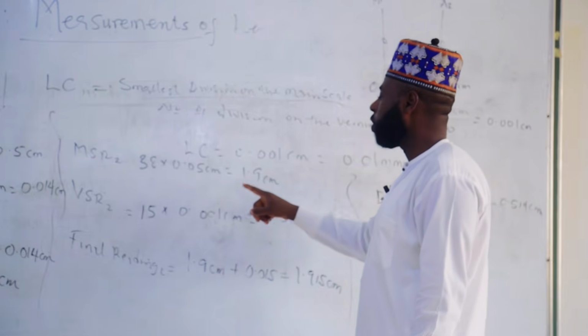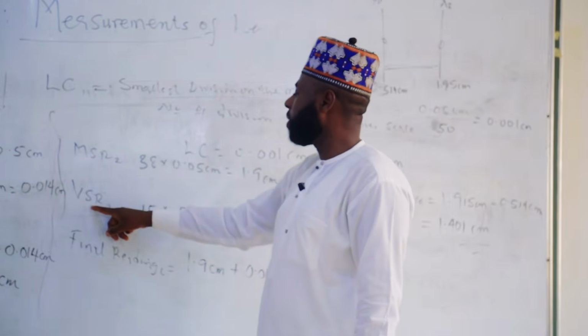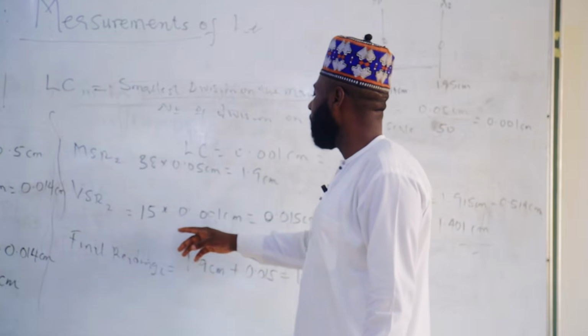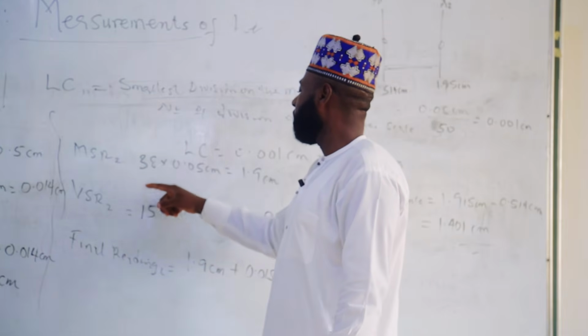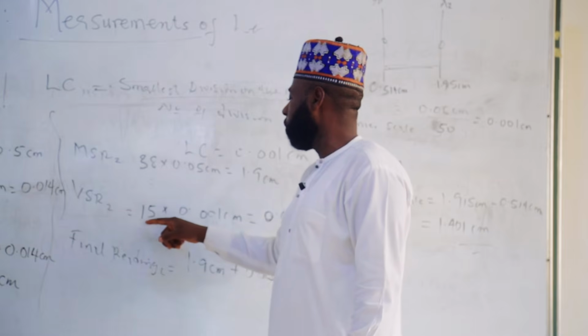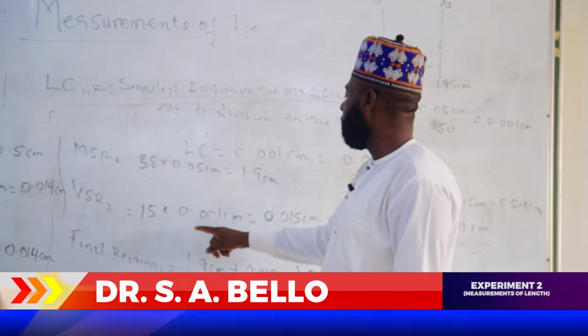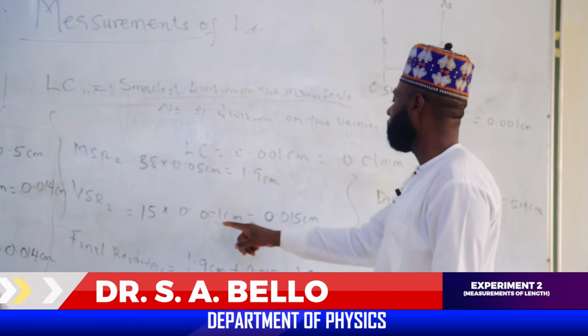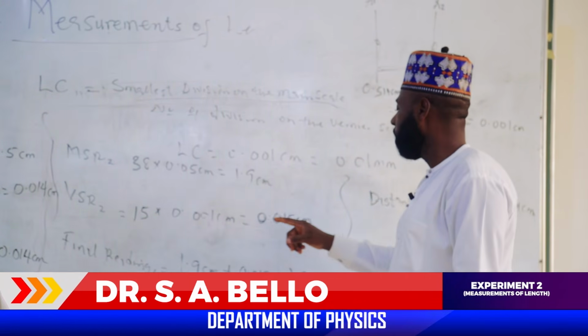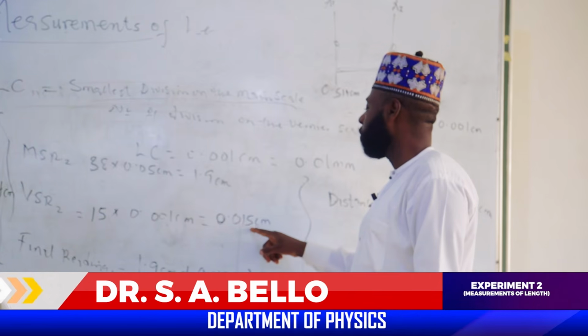Then we also obtain the vernier scale reading for the second line, which is the line that coincides on the vernier scale with the main scale, which is on position 15, multiplied by the least count, which is 0.001 centimeter, to arrive at 0.015.